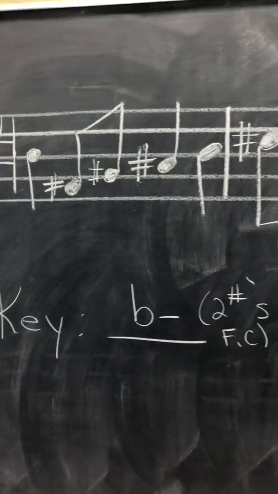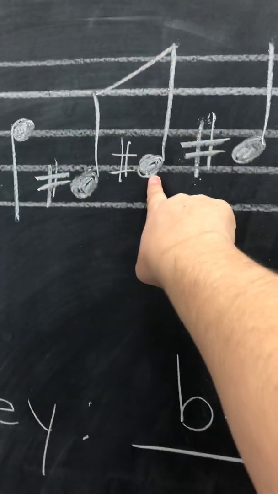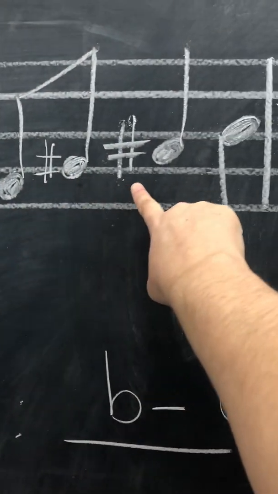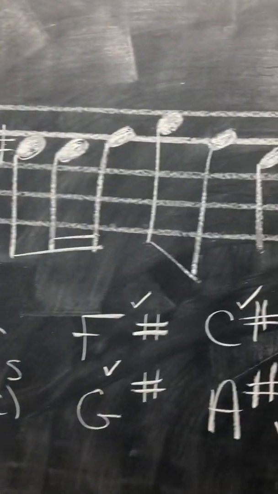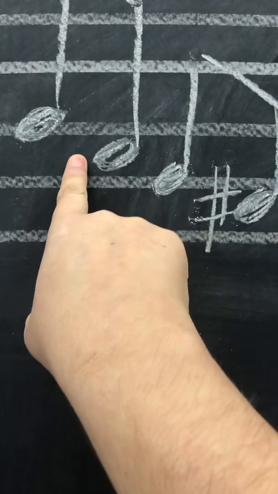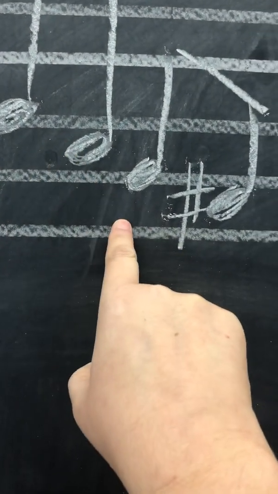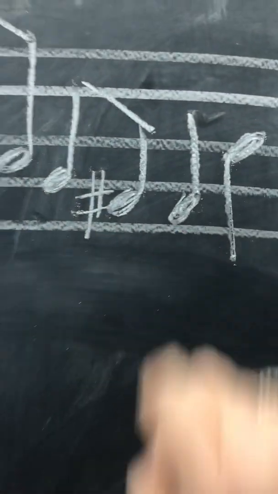And here's another interesting clue in this melody. If we look at this G sharp, all the notes are ascending when they're being raised, correct? But if we continue with the melody, look at this. The A and the G do not have a sharp on it, and it's descending.